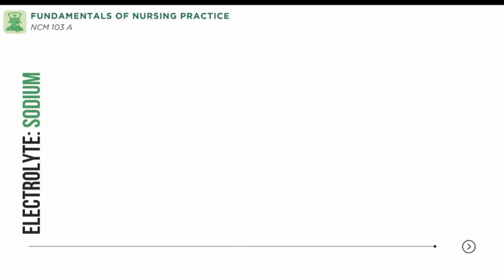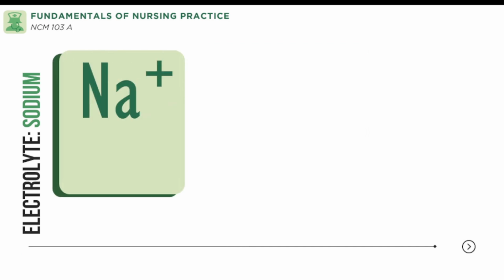To start with, we have here sodium. Sodium levels in the body are highly regulated through various mechanisms to maintain proper fluid balance, blood pressure, and nerve function. Your kidneys play a key role in regulating sodium levels by adjusting its excretion in response to changes in blood pressure and volume.